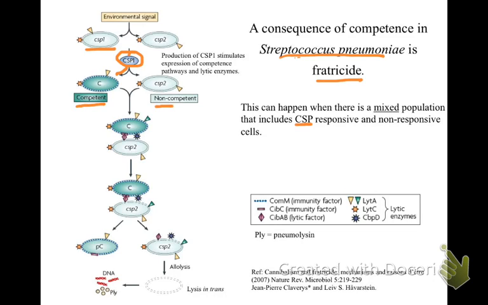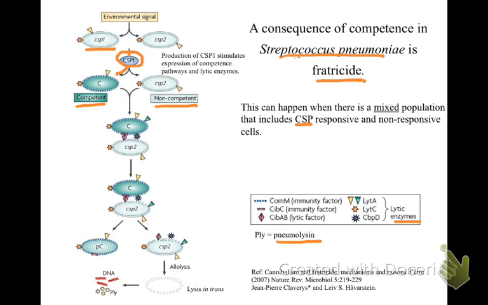They will not become competent, and instead the cells that became competent, as I said, they also start to produce bacteriocins. They produce something called a pneumolysin, and here are some of the lytic enzymes that they produce. They basically start to kill all of the cells in the population that are not like them. So that's why it's called fratricide.